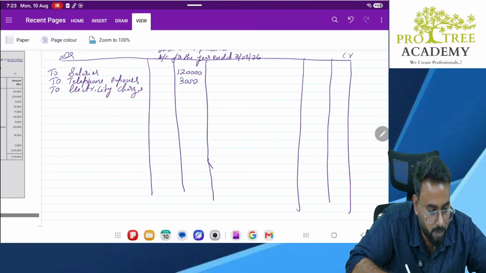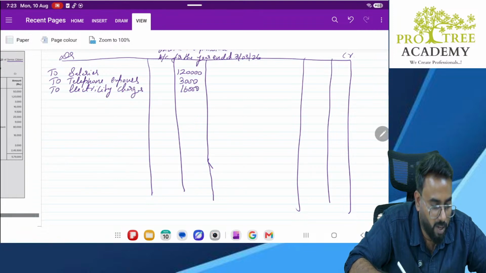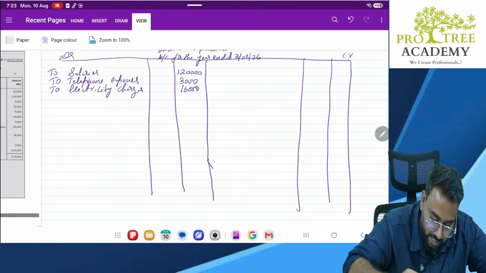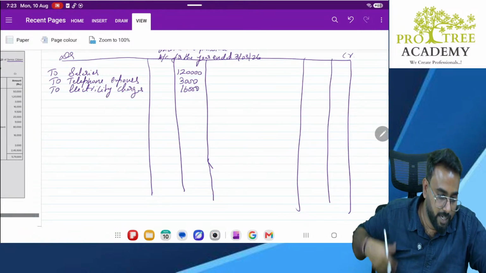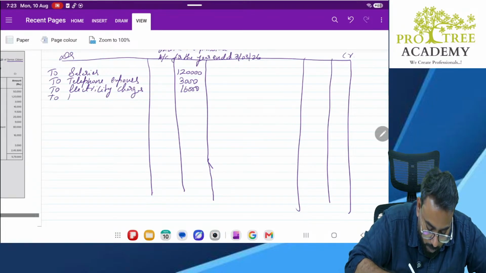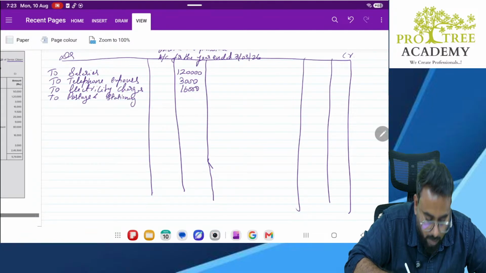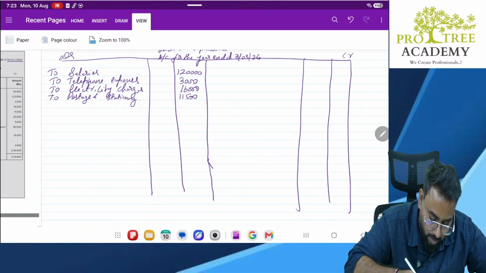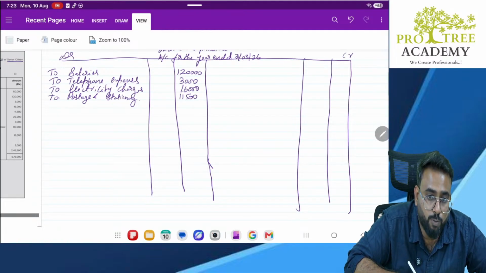Very easy chapter, no? Only one adjustment. If you understand the subscription received part correctly, it is very, very simple. Postage and stationery. How much? 11,500.